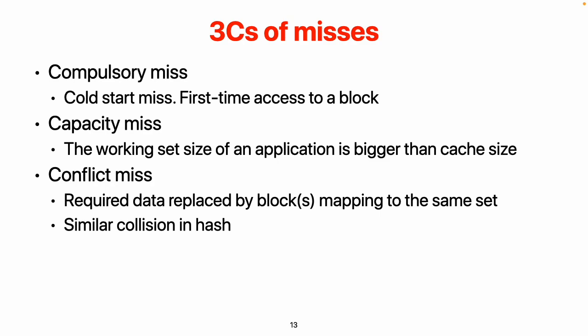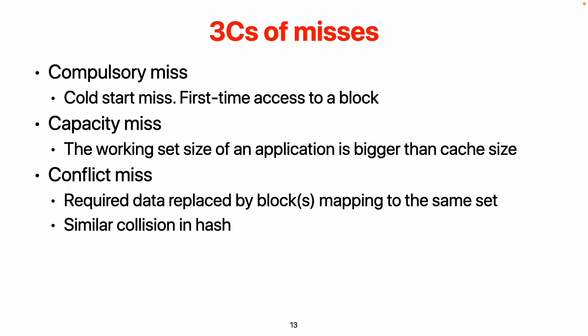Compulsory miss means cold start miss. So if this is something your code never referenced, that's a compulsory miss. And the second type of miss is capacity miss. So capacity means that the amount of data or instructions that the program needs to access within a period of time, within a window, is just too much for the cache to accommodate.